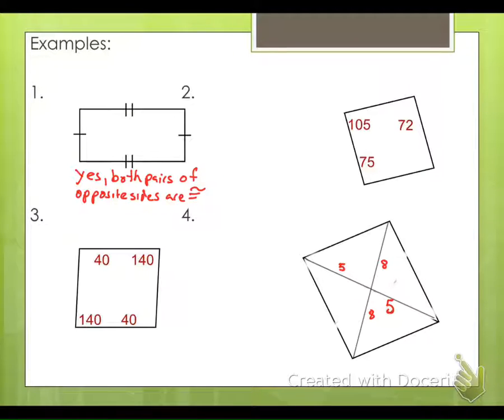The consecutive angles are supplementary. So 105 plus 75 equals 180. But is 105 plus 72 180? Does not equal 180. So no, this is not a parallelogram. Consecutive angles are not supplementary.